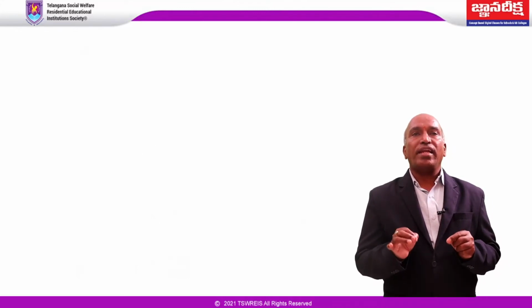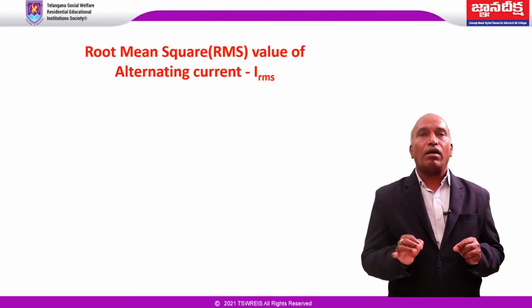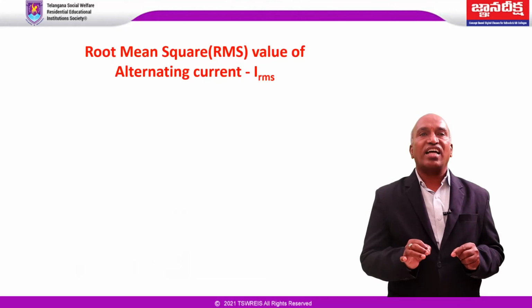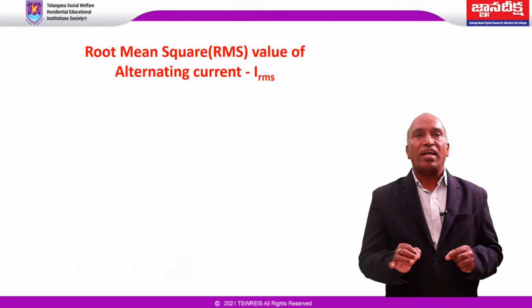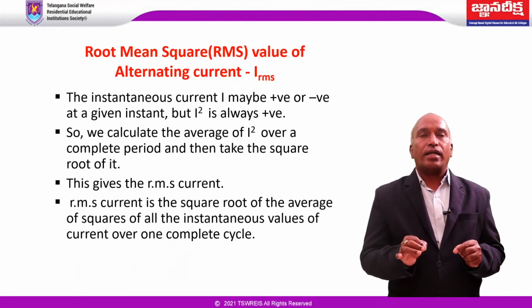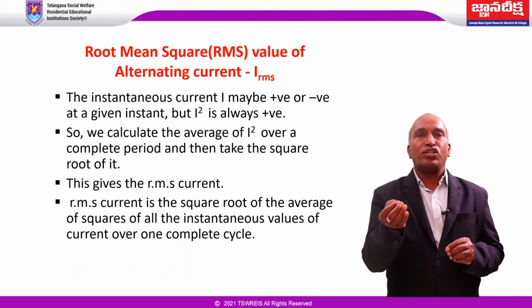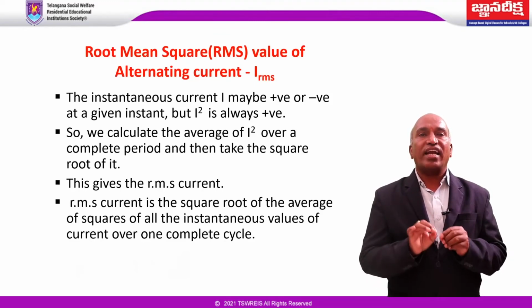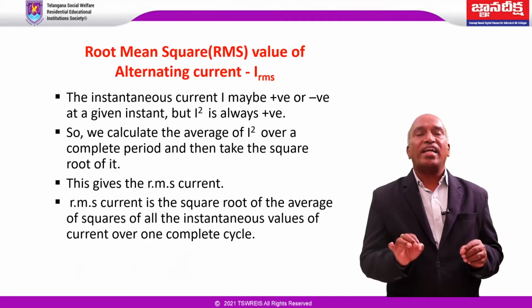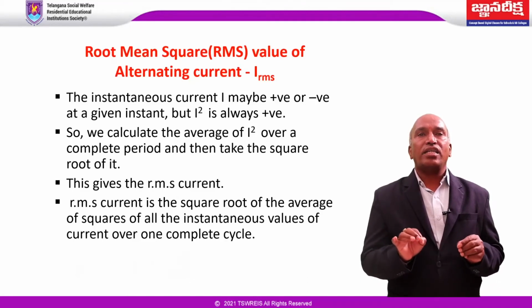Root mean square or RMS value of alternating current is represented by I RMS. The instantaneous current I may be positive or negative at a given instant t, but I squared is always positive.